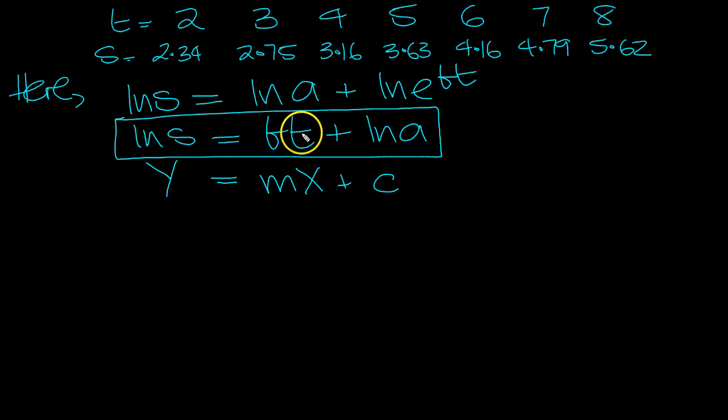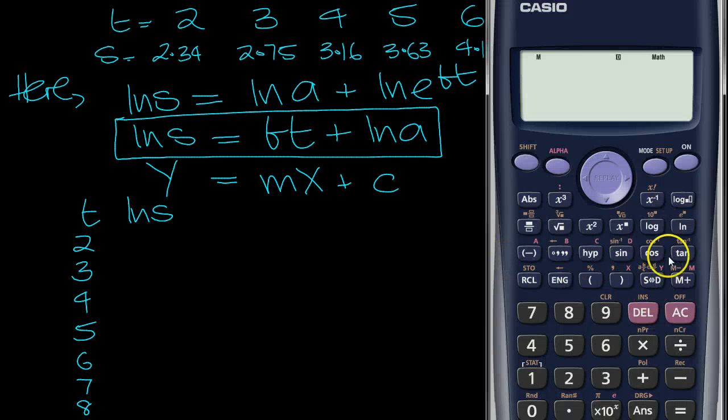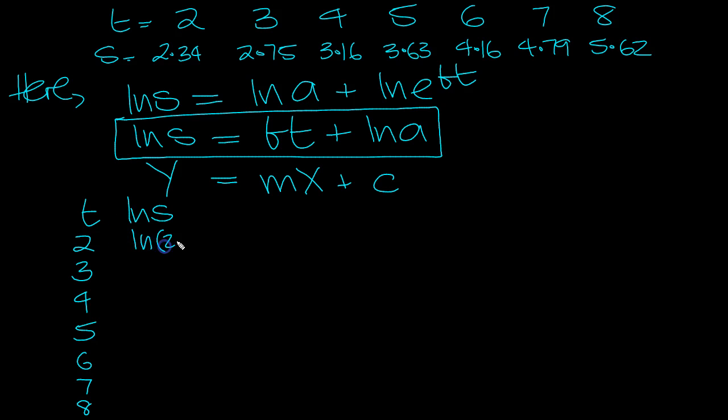We need to plot t, so let's keep the t values: 2, 3, 4. And then we need to plot log s. So we've got s and we need ln s, don't we? Log of s, so I'll just tap those out. 2.34. Well, I'm just going to put them in as ln 2.34 actually for the time being, because it keeps the accuracy. This is ln 2.75.